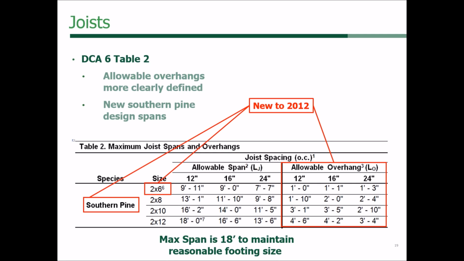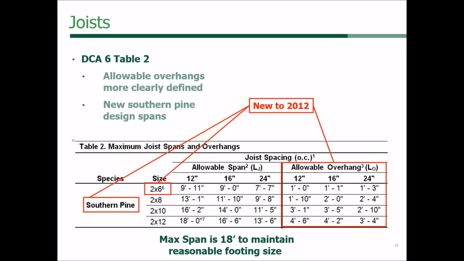Now, this style of table was new to the 2012 DCA6, but it wasn't until the 2018 IRC that this new format came into being for it. So it's kind of a circular pattern a lot with DCA6.